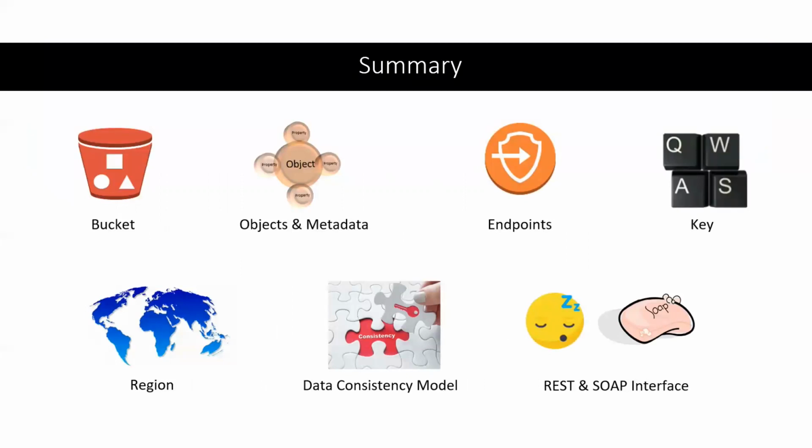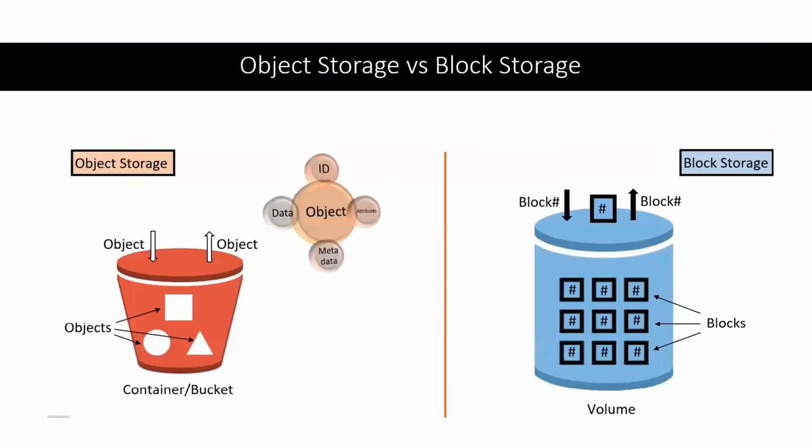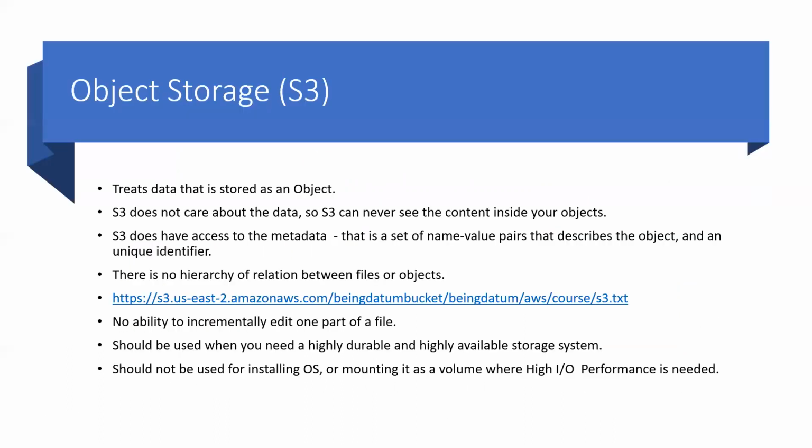So we talked about these different things. Now let's talk about object storage versus block storage. As I said, we are going to create a bucket after that, but before that, let's understand what object storage means and what block storage means.